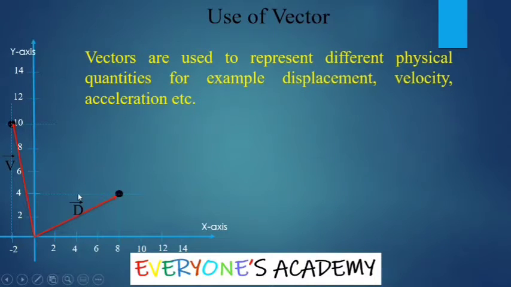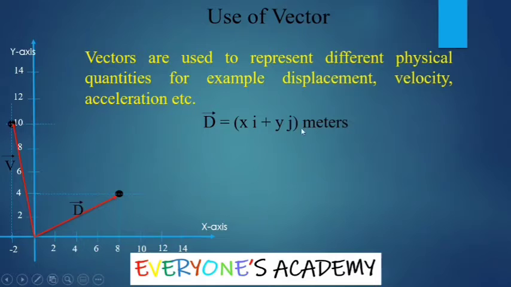Here we can see vector d can be represented in this format, xi plus yj meters. This unit can specify the type of the vector, that is it is a displacement vector.